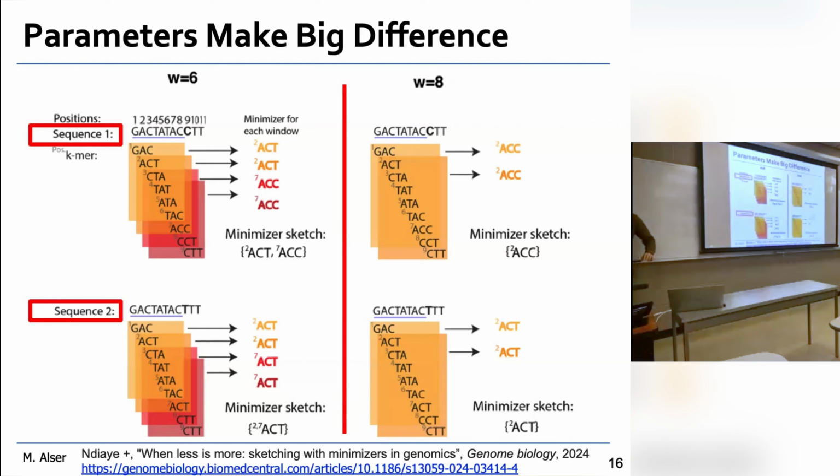So your algorithm might be perfect, your data is nice, but the parameter you choose is making all the trouble, right? So if you choose W of 8, you are not going to capture any similarities. You are going to miss most of the similar sequences. But if you choose a small number of W, you might get something out of it. Now that, again, opens the same question: what value should I choose?